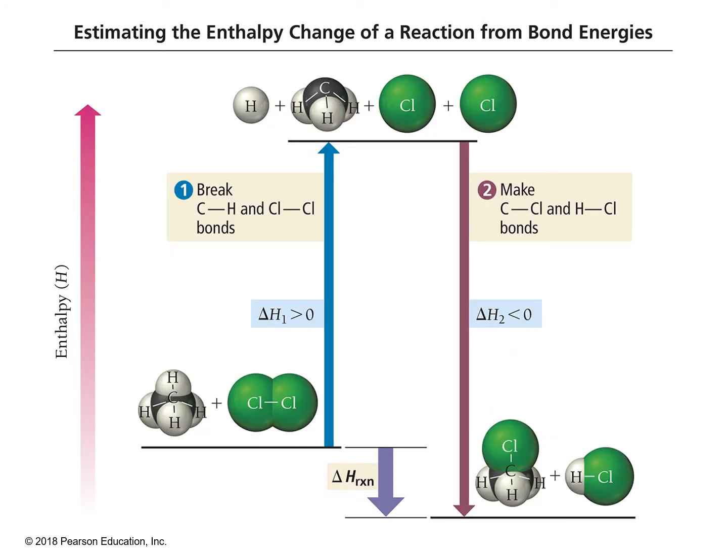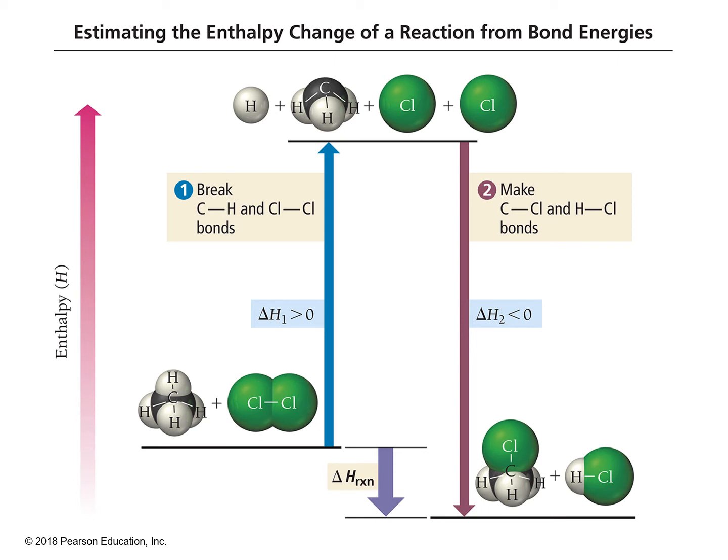All right, so let's take a look at this. Let's say that we started off with some methane, that's CH4, and a couple of chlorines. In order to get this to break apart, we would have to break apart the 4 hydrogens from the carbon. So we'd have to break up the 4 carbon-hydrogen bonds, and we'd also have to break up the 2 chlorine bonds.